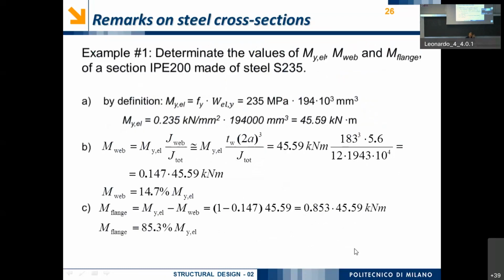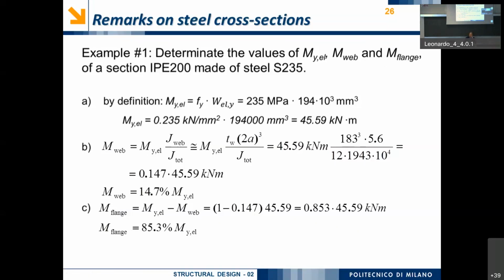And for example, I can very easily evaluate the value of M_y, the yielding bending moment, the value of M_web and the value of M carried by the flanges, for example, for an IPE cross section made of steel S235.